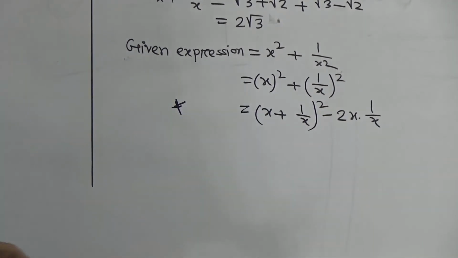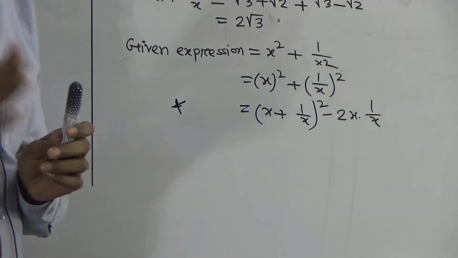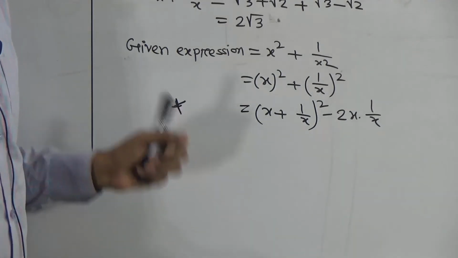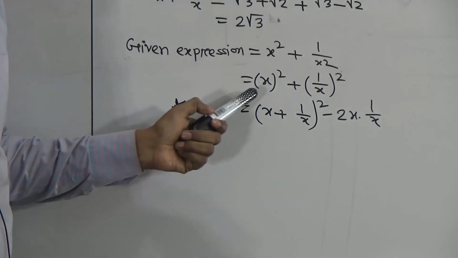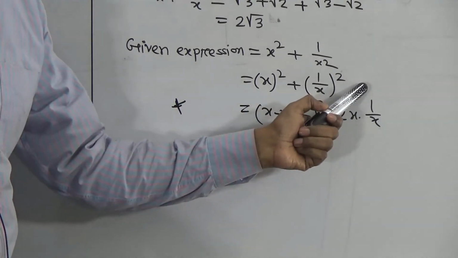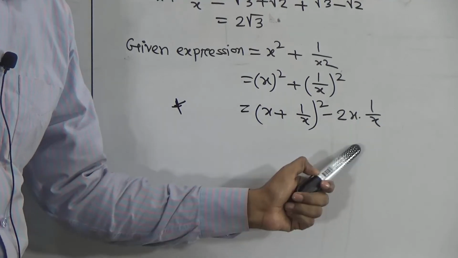Dear student, now look carefully. I told you two minutes ago, I will answer one question. Why I have determined 1 by x? Look, we know x square plus 1 by x square equal to what? x plus 1 by x whole square minus twice x 1 by x.